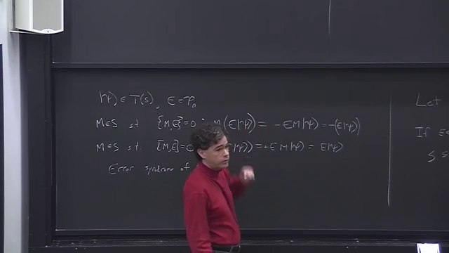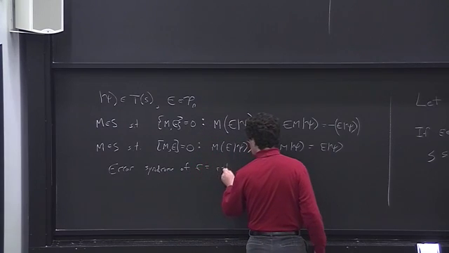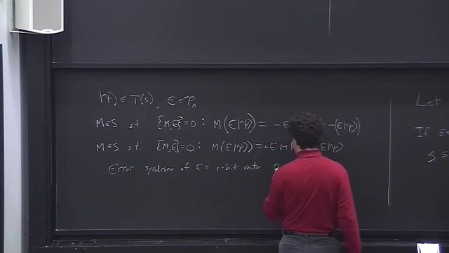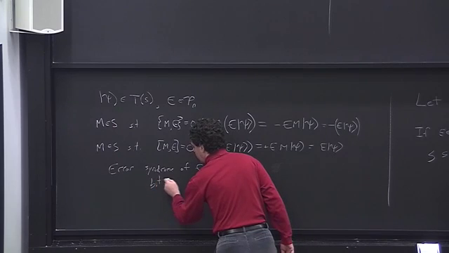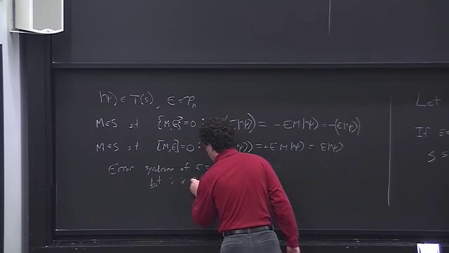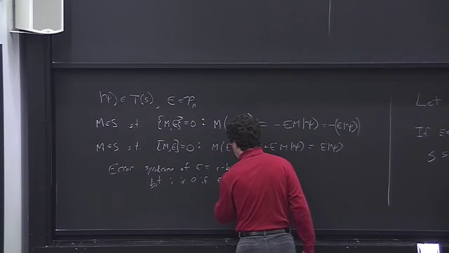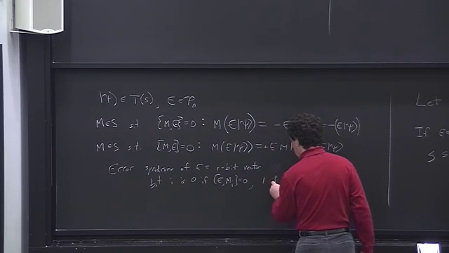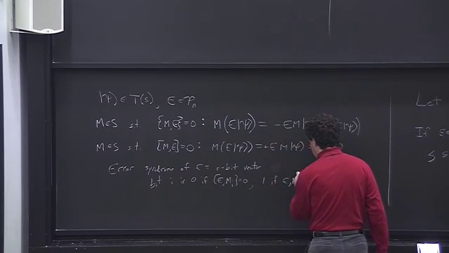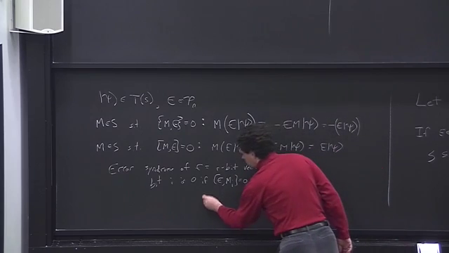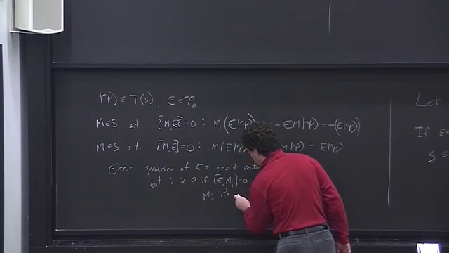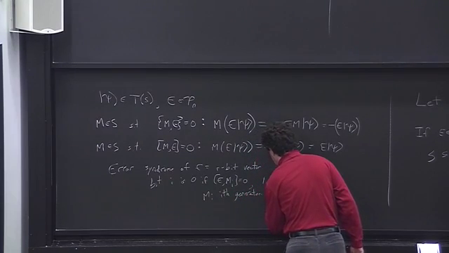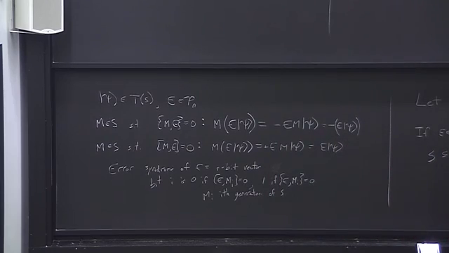So there are R generators, so it'll be an R-bit vector, where the bit i is 0 if E and the ith generator commute, and 1 if E and the ith generator anti-commute. Okay?